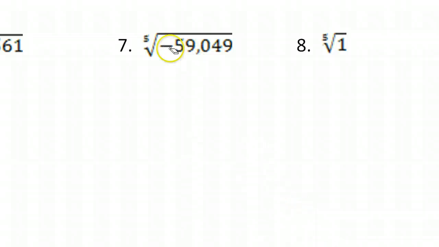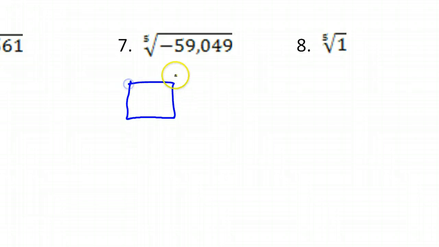Okay, number 7. I see this negative under the radical. Does that mean that this is not possible? No, it does not mean that. Because it's an odd root, it's okay. It just means I'm going to have a negative answer. So what to the fifth power is going to give me negative 59,049?